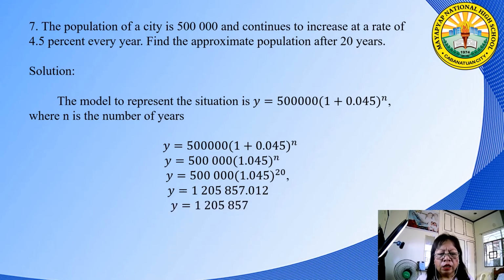Or since it refers to a number of persons or people, just round it to the whole number. So y equals 1,205,857.